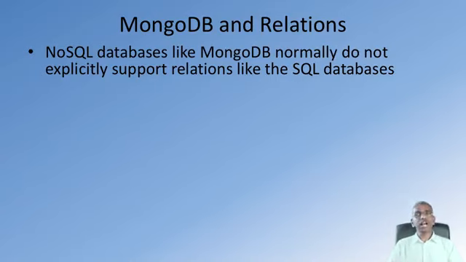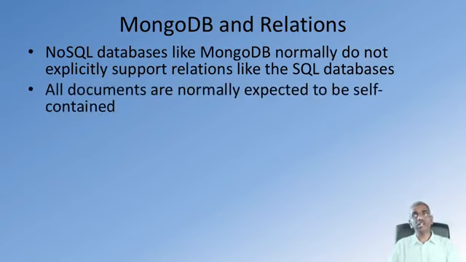So you do not have support for relations that you might be more familiar with from the relational database world, where you have records and then records can reference other records and so on. And then you do joins in order to join the information from the records. So that kind of support doesn't exist in NoSQL databases, at least to a large extent.